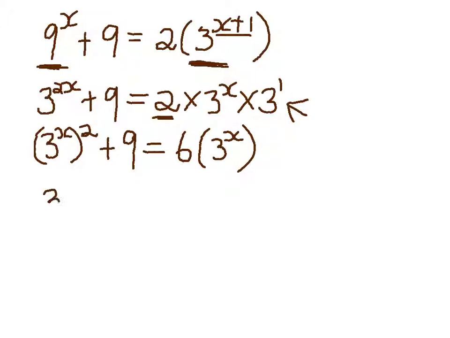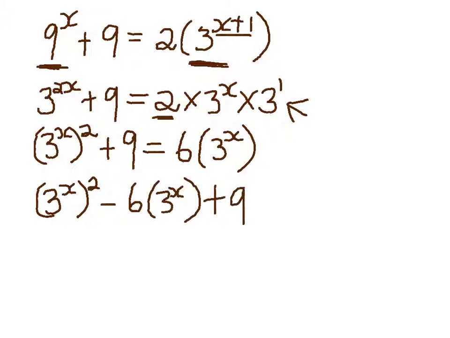So we've got 3 to the x squared, take 6 times 3 to the x plus 9 equals 0. Okay, now in order to solve this, we'll need to set the 3 to the x to another unknown. I like to use m.